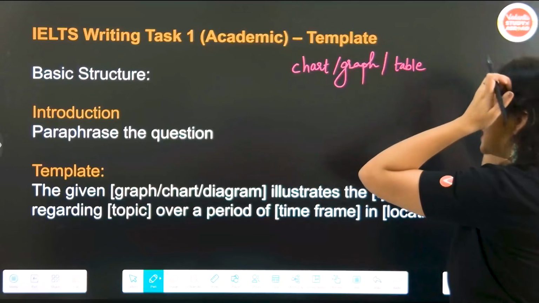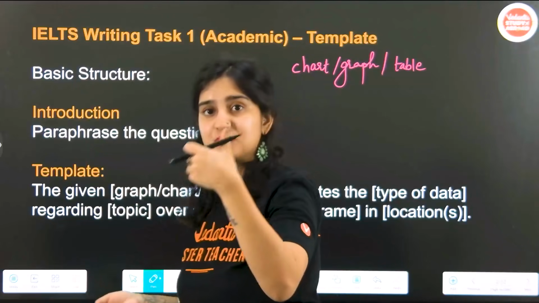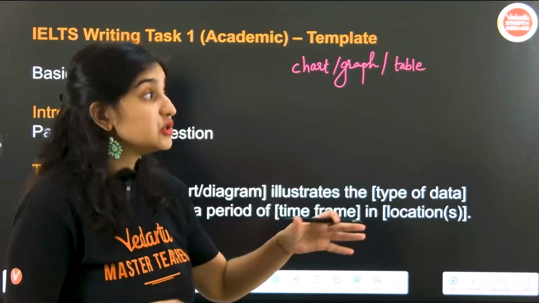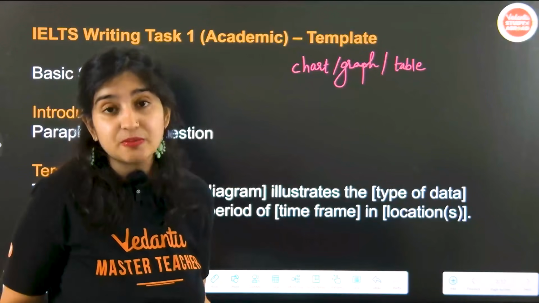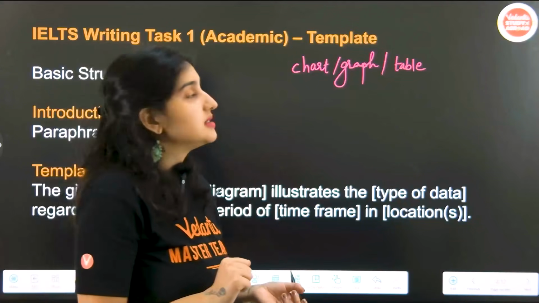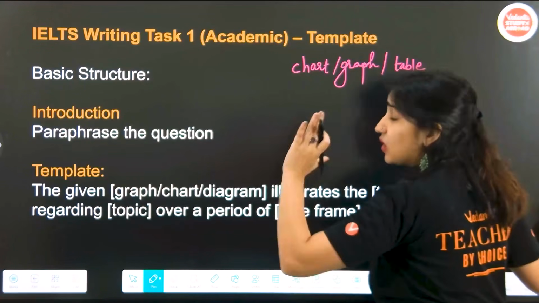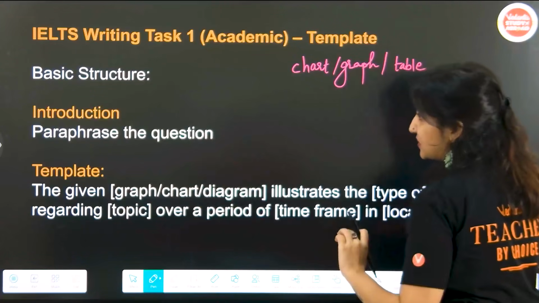So the basic structure, as for any written piece of work, is going to be an intro, body, conclusion. But here, the task response is to interpret data and summarize it, very much like an analytical paragraph that you've had to do in 10th standard boards. When you start with your introduction, all you have to do, like you've done many times in the past, is paraphrase the question.